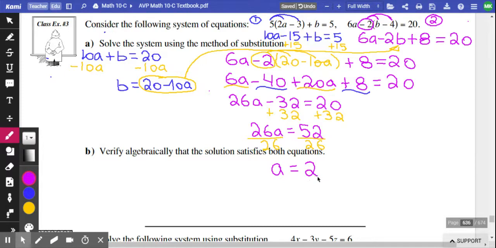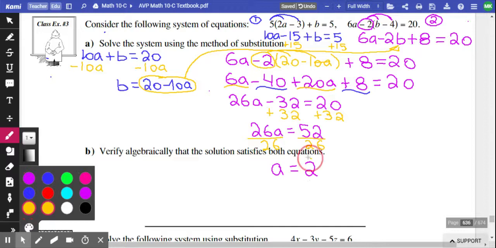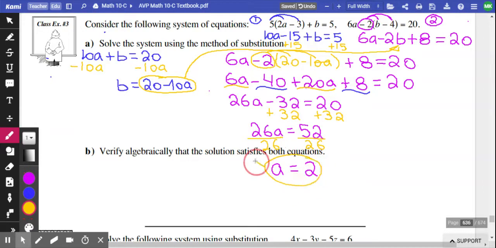Remember, every answer should have two values, right? An x and a y. In this case, an a and a b. You only have the a value. You then use your a value in the first equation to figure out the b value. I take this and substitute it back into equation 1, where I now have b equals 20 minus 10 times a, which is 2.